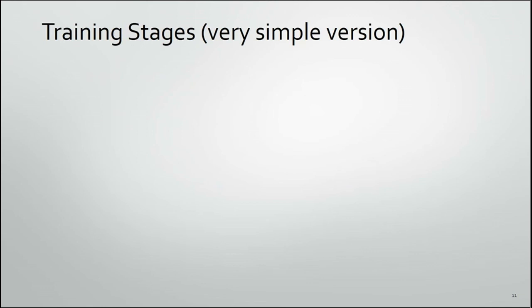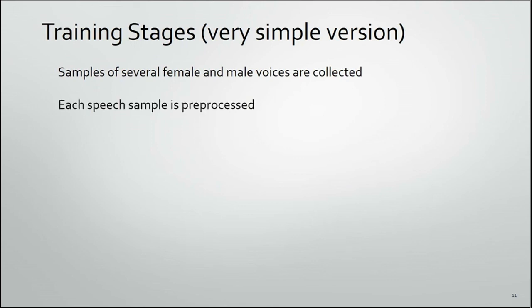Now, here are the steps, or rather the stages of training. And it's a very simple version. What really happens is more complicated than this. First, the samples of several female and male voices are collected. So we have the output sequence V, and several samples of that are collected. And then each sample is pre-processed, with spectral analysis.